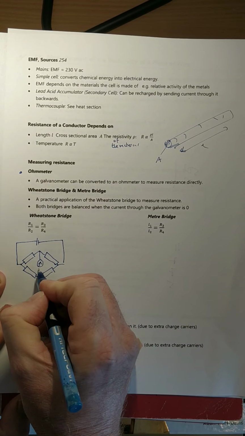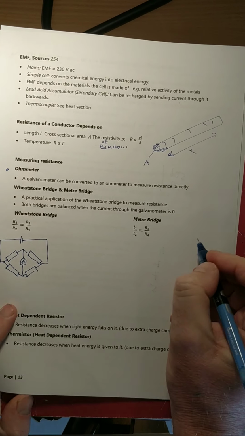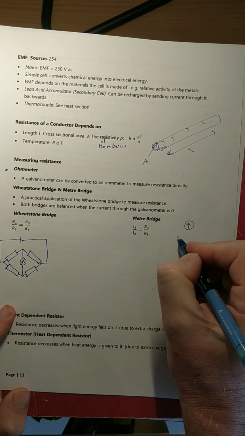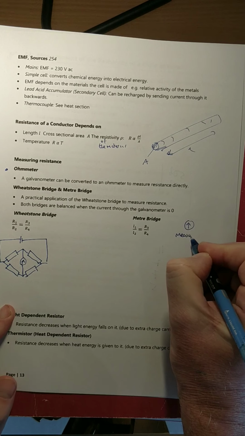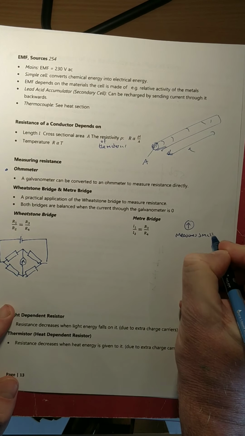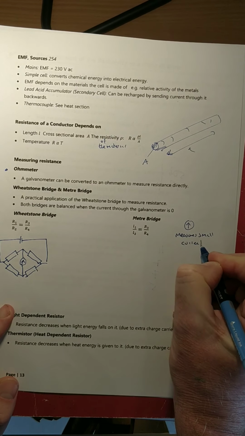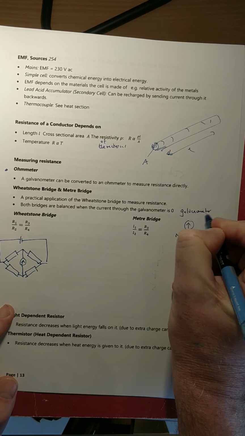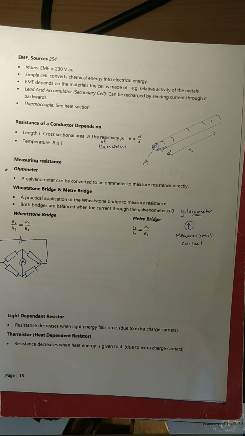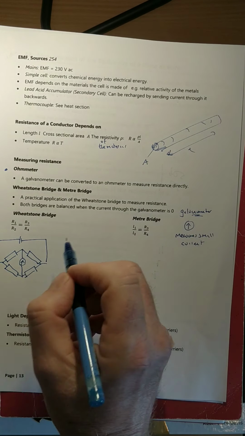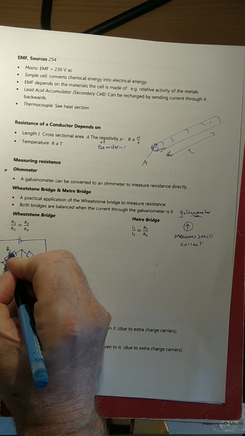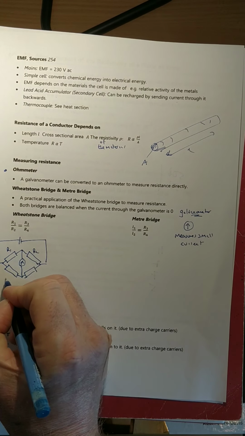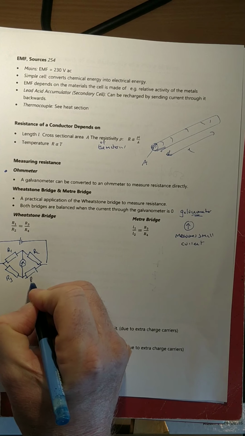Now remember, a galvanometer just measures current, small current. Galvanometer is named after Galvani, who you came across in your film. And R1, R2, R3, and R4.